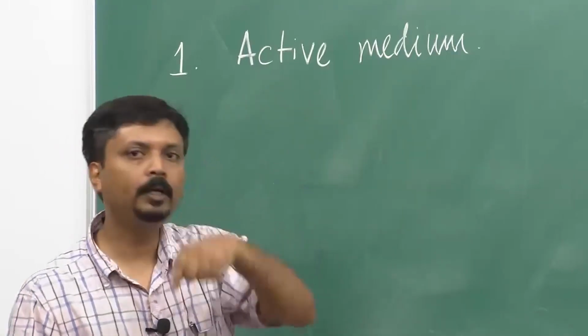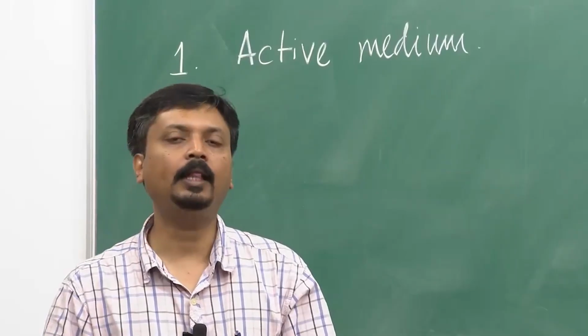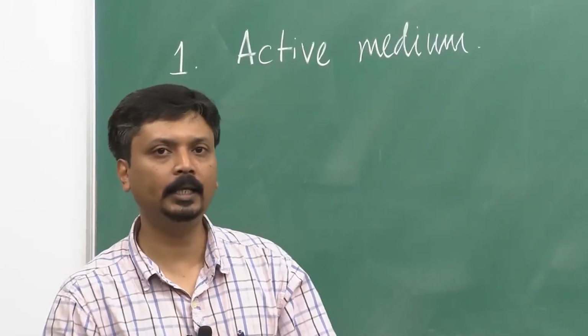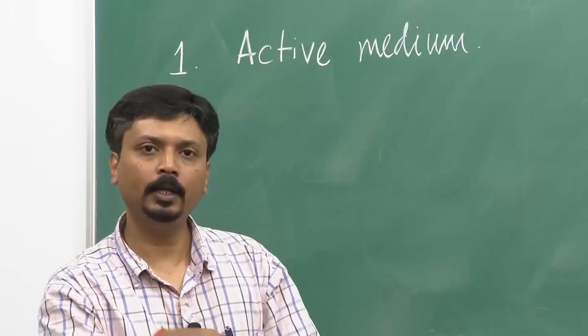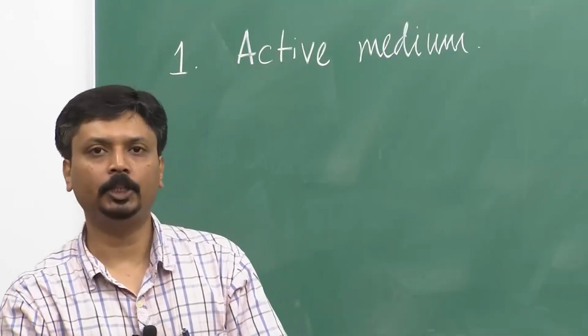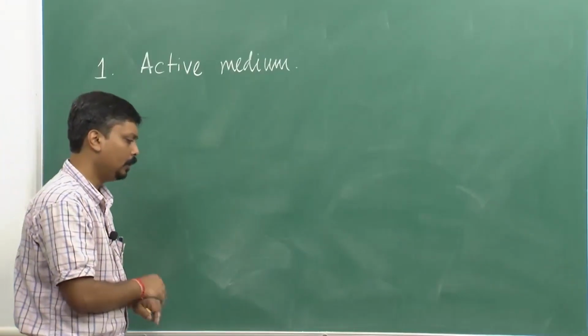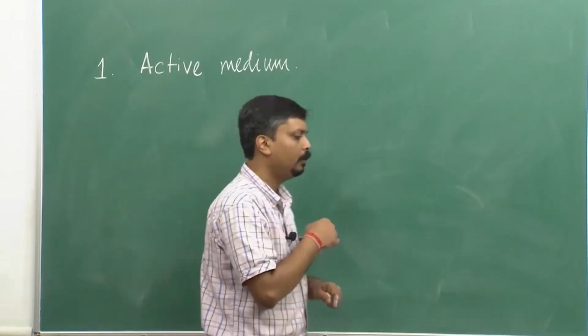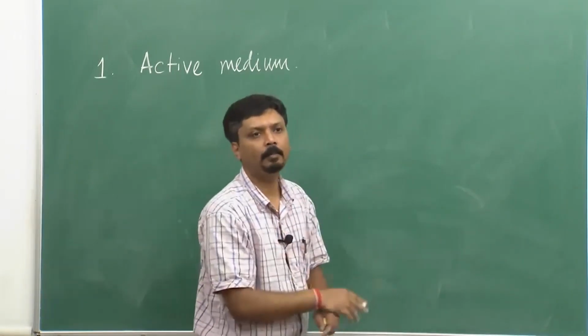Example, ruby is an active medium. So if you take a ruby crystal and start pumping it, essentially you are creating the population inversion there, and after some time it will give you stimulated emission. And you can try amplifying that stimulated emission, and you can get an amplified output.